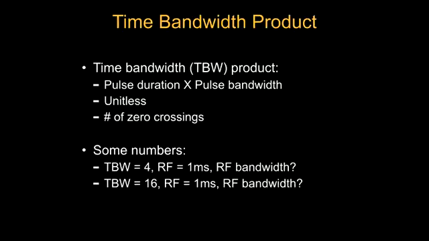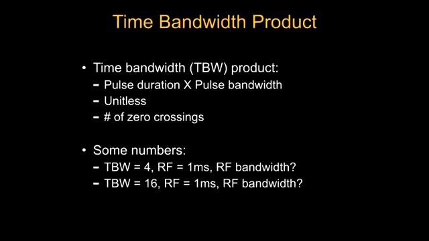So what that means is nothing is free. If you want a high time bandwidth product but you don't want a long RF pulse duration, then something needs to be high. In other words, if you're using the same RF bandwidth, then the RF duration is much longer for a given time bandwidth product. So it's always a trade-off, and there's a cost to having high RF bandwidth too.